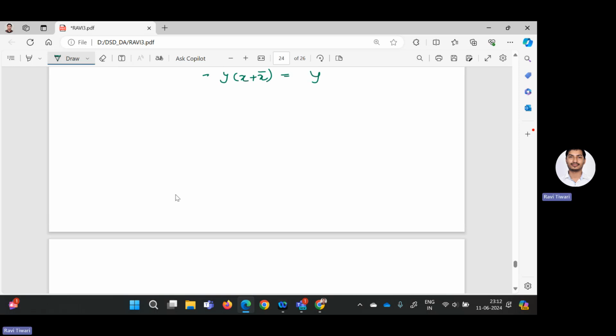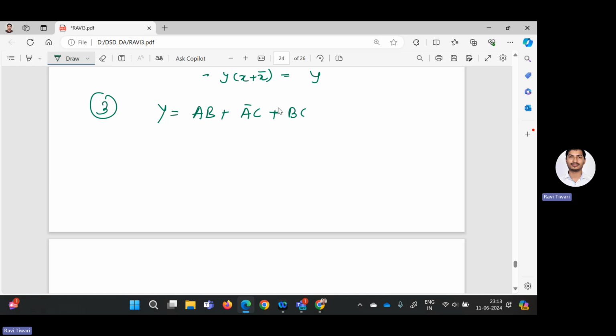For example, we have a third question I'm taking: Y is equal to AB plus A bar C plus BC. Now here, just by seeing this equation, it's not easy to recognize how we can minimize it, or whether it's a minimized expression.